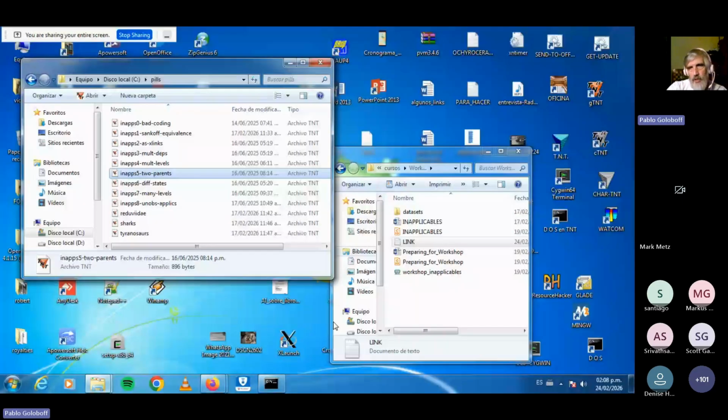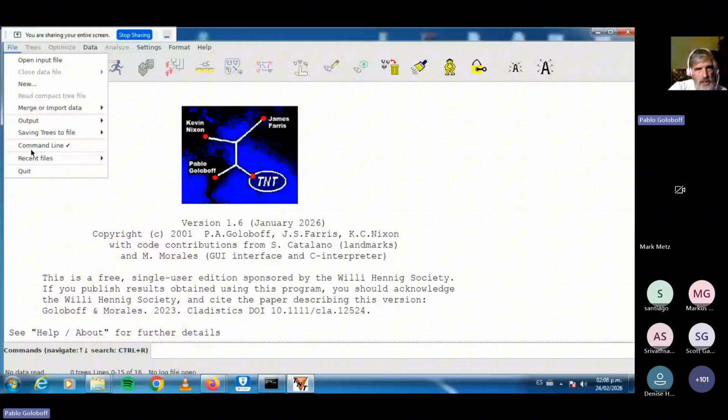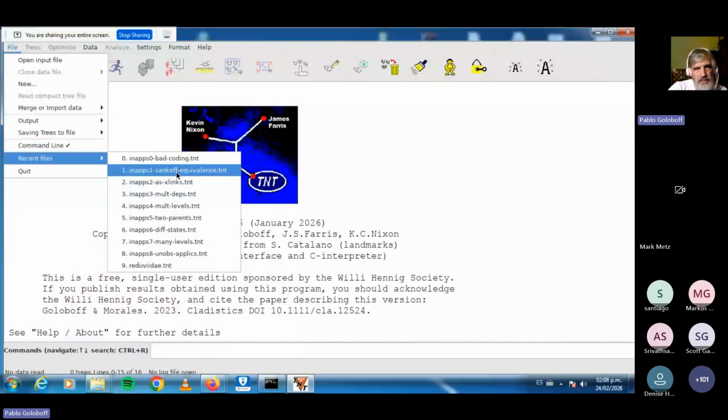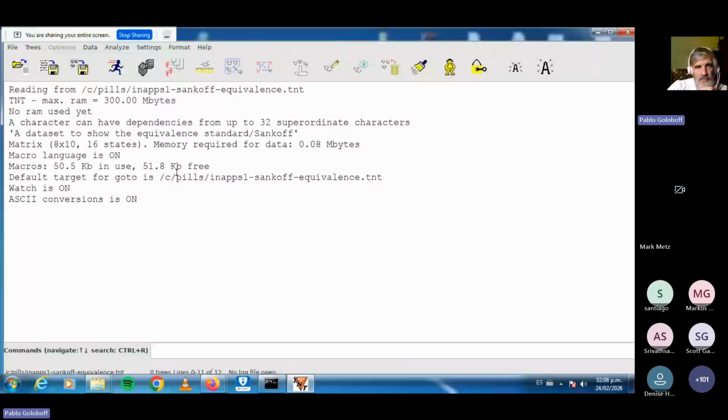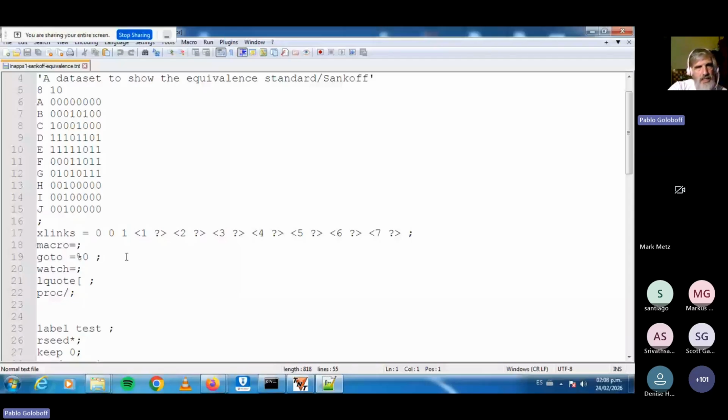So let's go to TNT. And, of course, I suppose you all know that to read the data file, you use this part of the menu, right? I'm going to just read whatever. This example, the first one, this defines, if we look at the data set, Sankoff equivalence, that is going to tell me that when character 0 has 0 or 1, then character 1 can have any state.